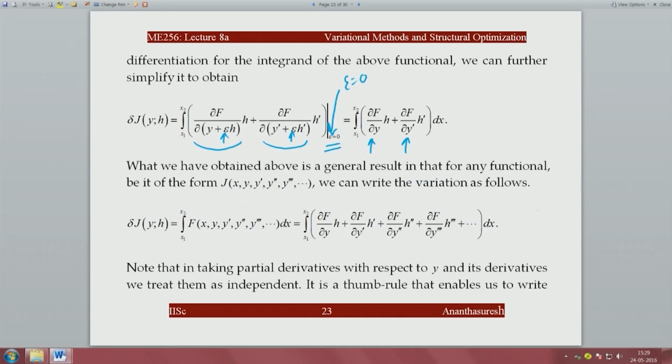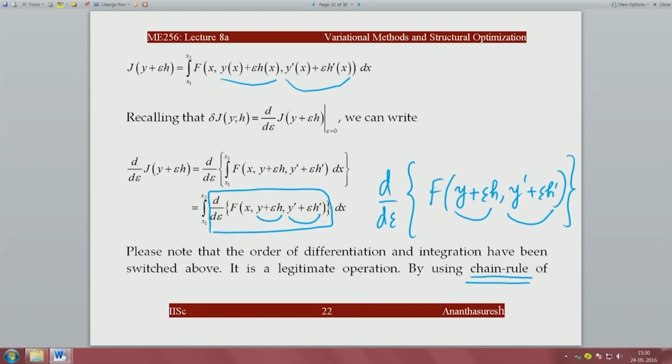If you do this, what we get here will be dou f by dou y times h, plus dou f by dou y prime times h prime. We are taking the derivative with respect to epsilon. You remember, when you take the derivative with respect to this first, we get dou f by dou of y plus epsilon h into d by d epsilon of y plus epsilon h, and then we substitute epsilon equal to 0.